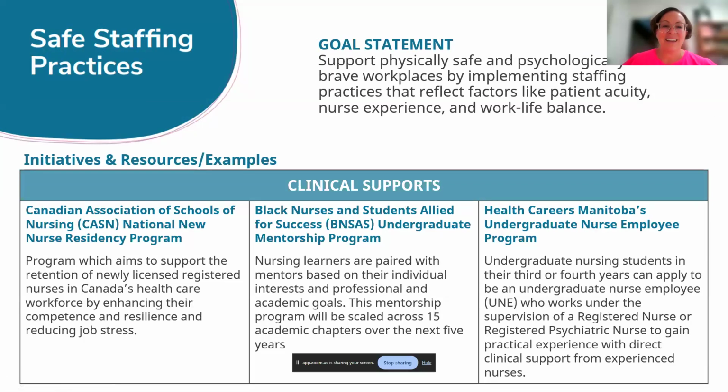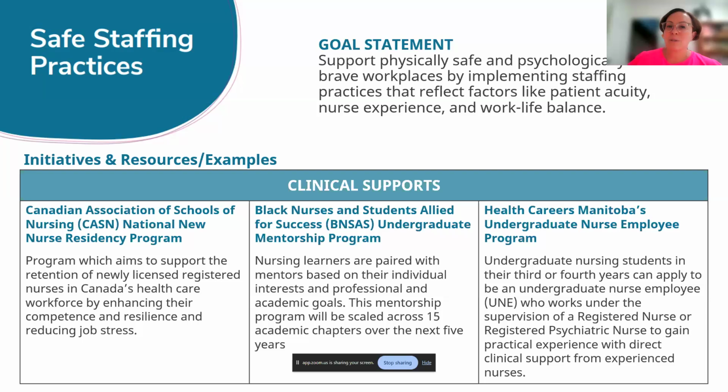Okay, I want to say this is the last theme, but again, if you think of the themes in that circular depiction, it really is iterative. This is the one theme that just has two initiatives after it. When we talk about safe staffing practices, again, this is something that's getting a lot of attention across the country.